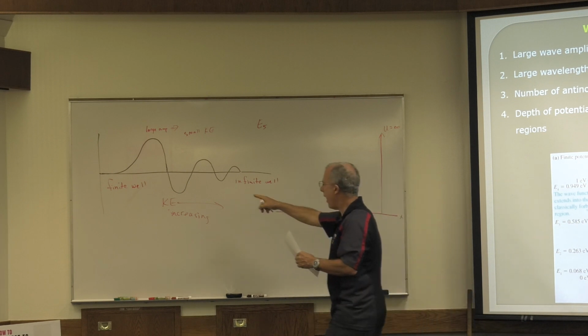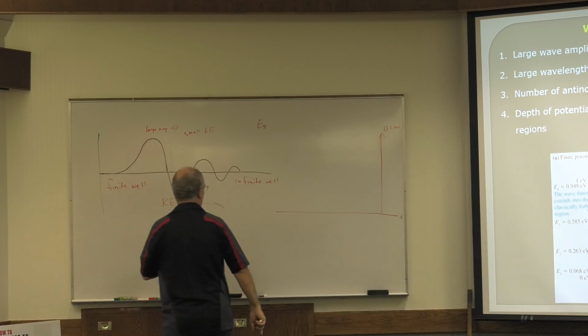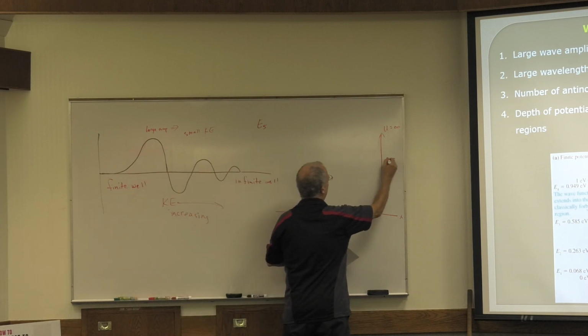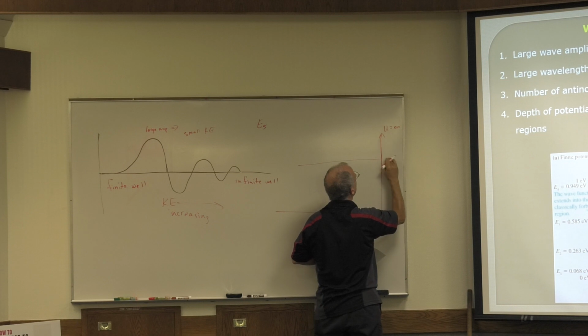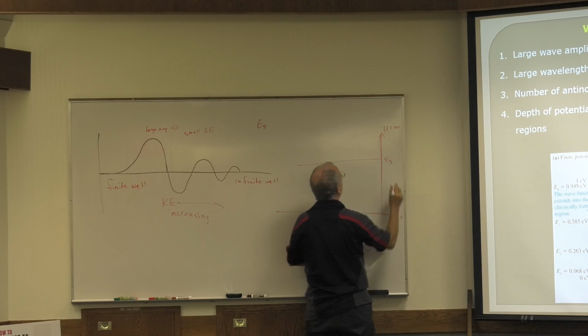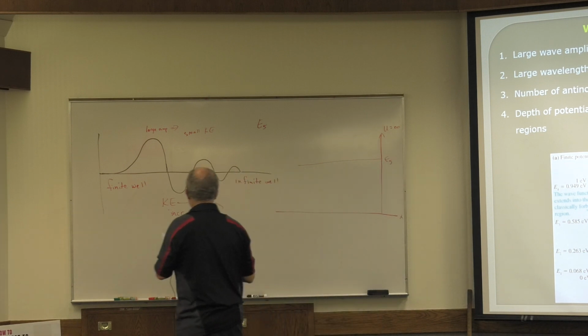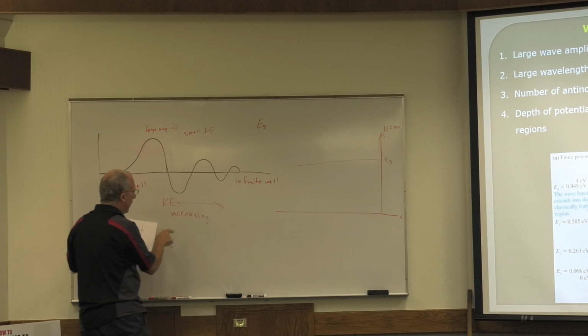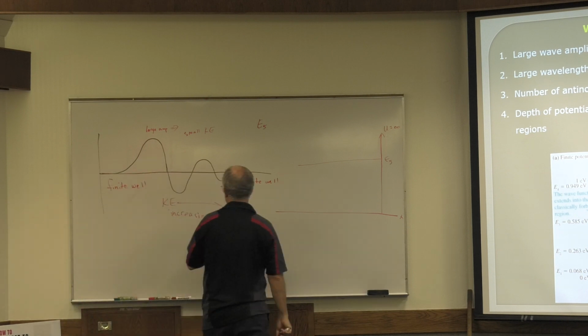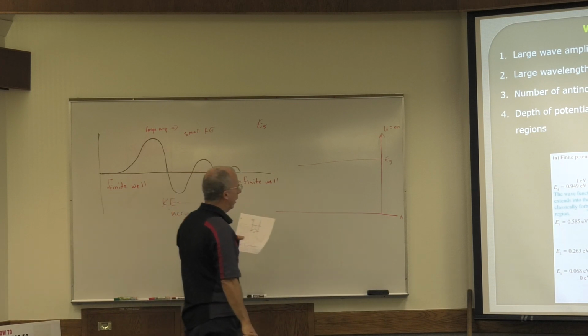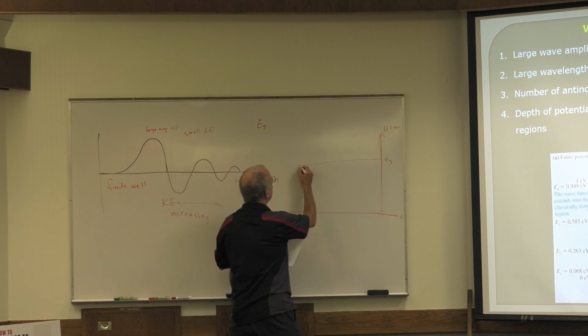But then on the left, we have a finite well. We also have E5, right? So E5. Now, the kinetic energy is increasing. Wow. And finite well. Well, how about something like this?